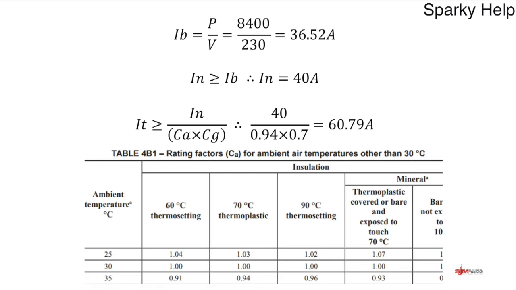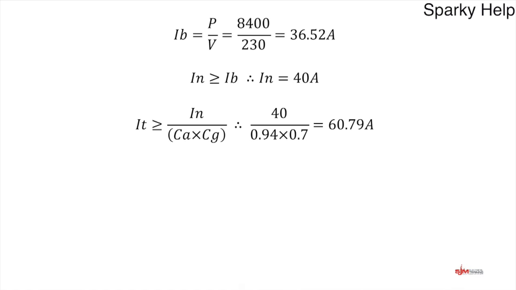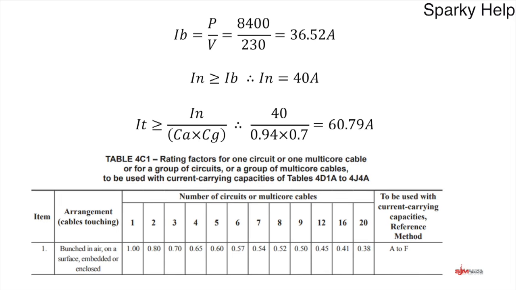Once you know where the tables are, you can get all this information. The other one is CG. Remember it said with 2 other circuits, so that's 3 circuits in total. Here's our 3 circuits, bunched in air, that's our trunking. So 0.7 is where we need to go. That's where our correction factors come in, and once you apply that, you get 60.79.